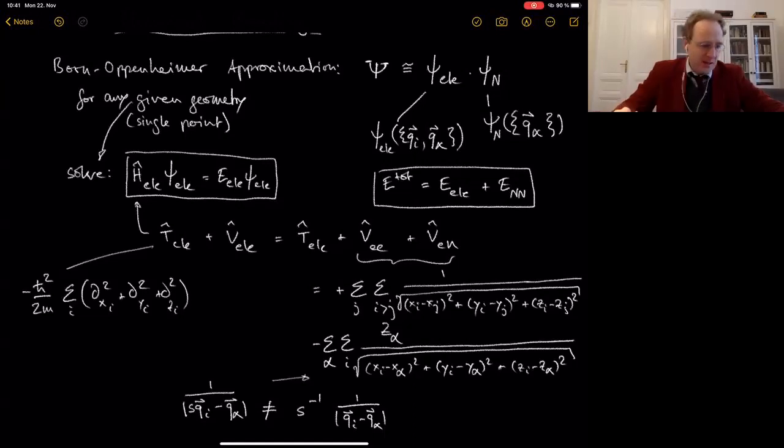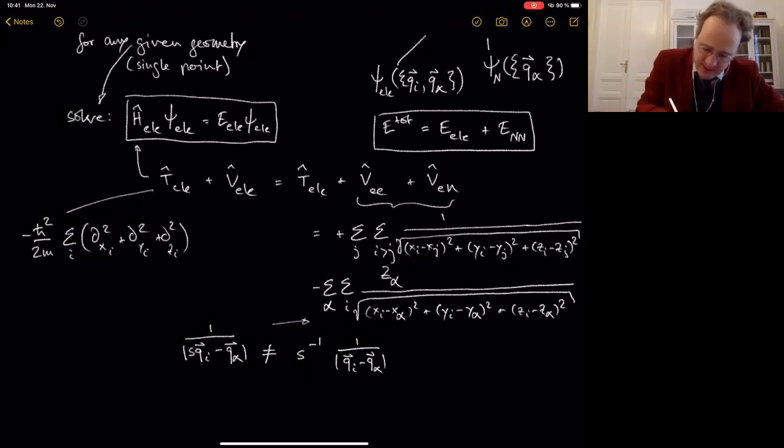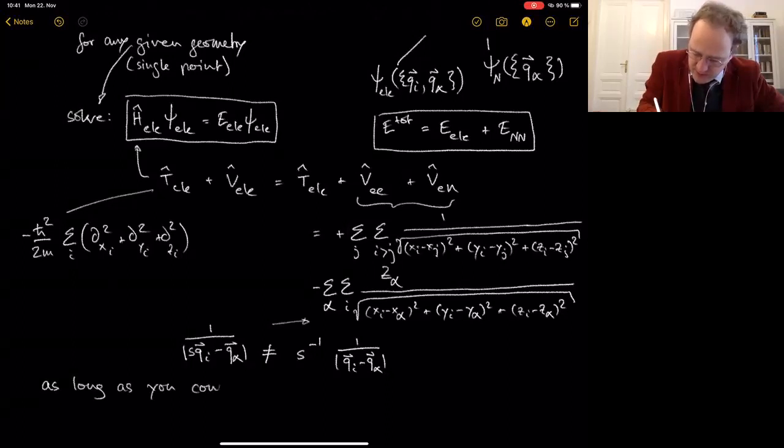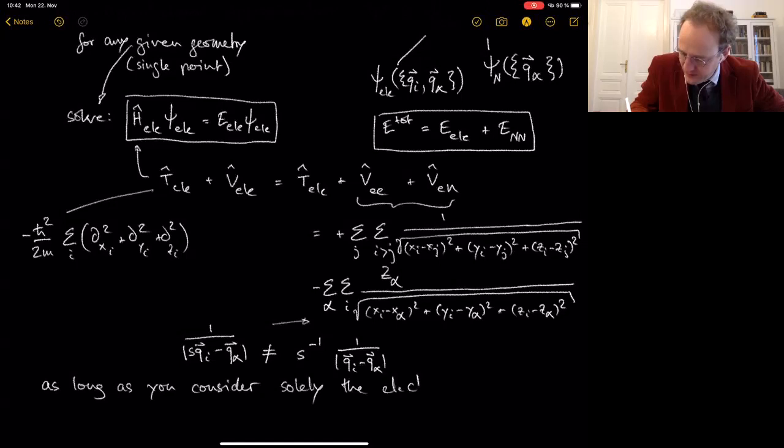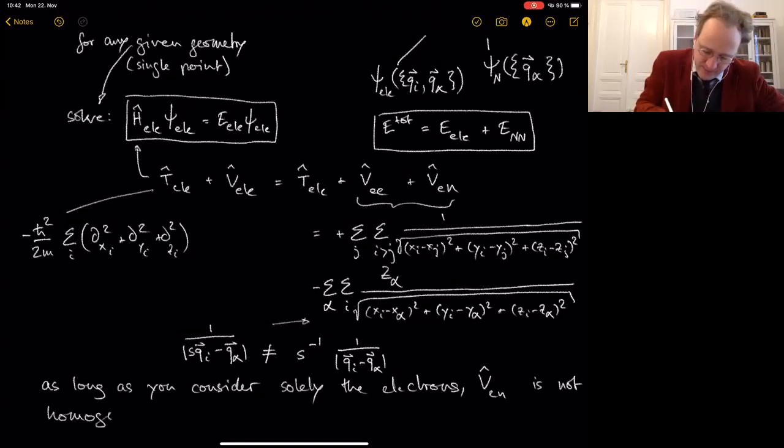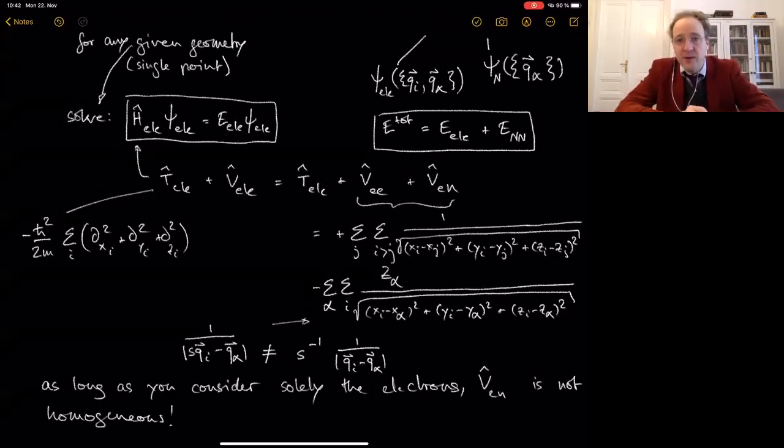All right. So in other words, as long as you consider solely the electrons, your V_EN is not homogeneous. Okay, so that's annoying.